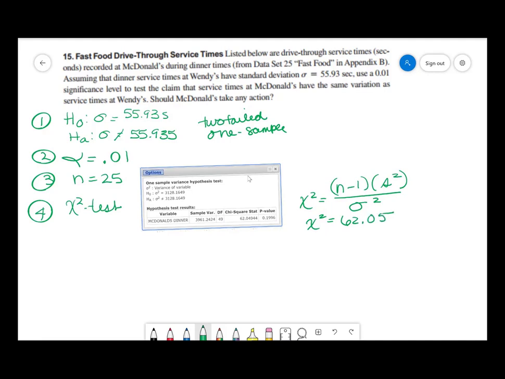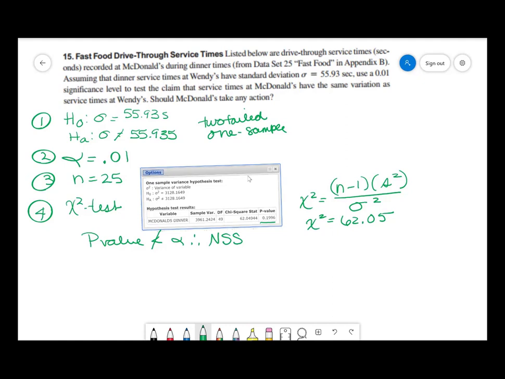Our p-value is 0.19. So our p-value, if it was less than alpha, it'd be statistically significant, but it's not. I always use the less than so I don't get myself mixed up. So the p-value is not less than alpha, therefore this is not statistically significant.